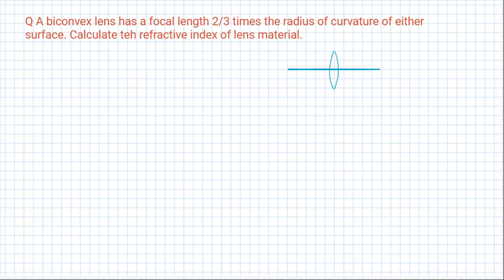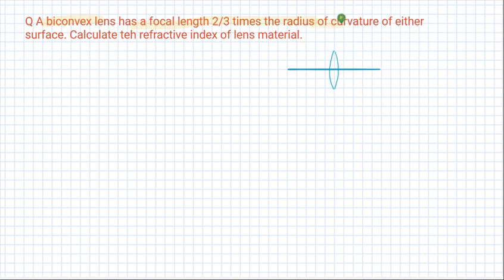The first important point is that this is your biconvex lens. So I'll highlight this biconvex lens. Next they have mentioned that the focal length is 2 by 3 times the radius of curvature. This is an important detail.